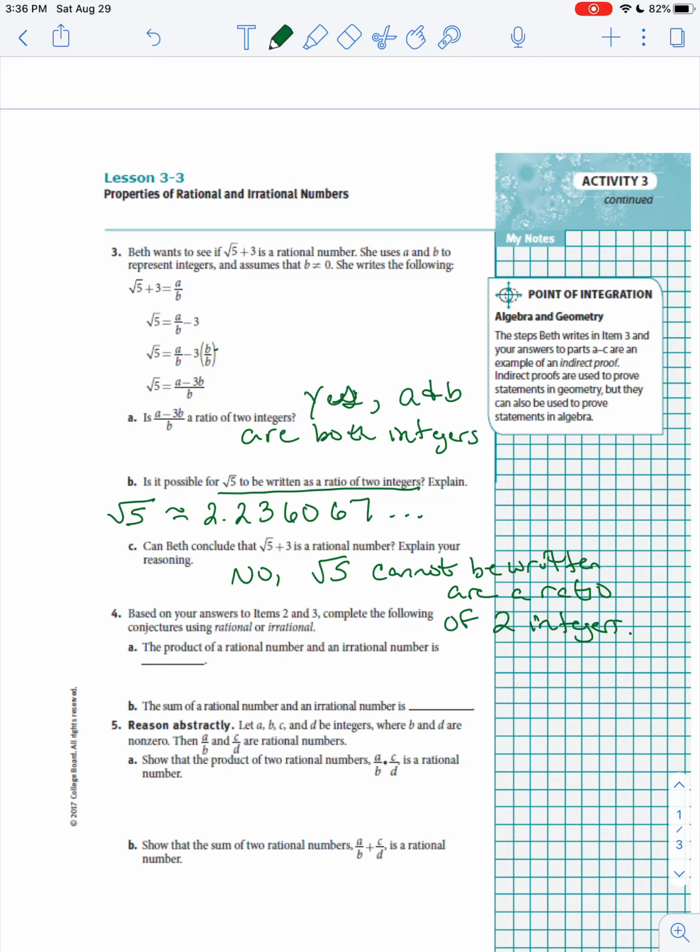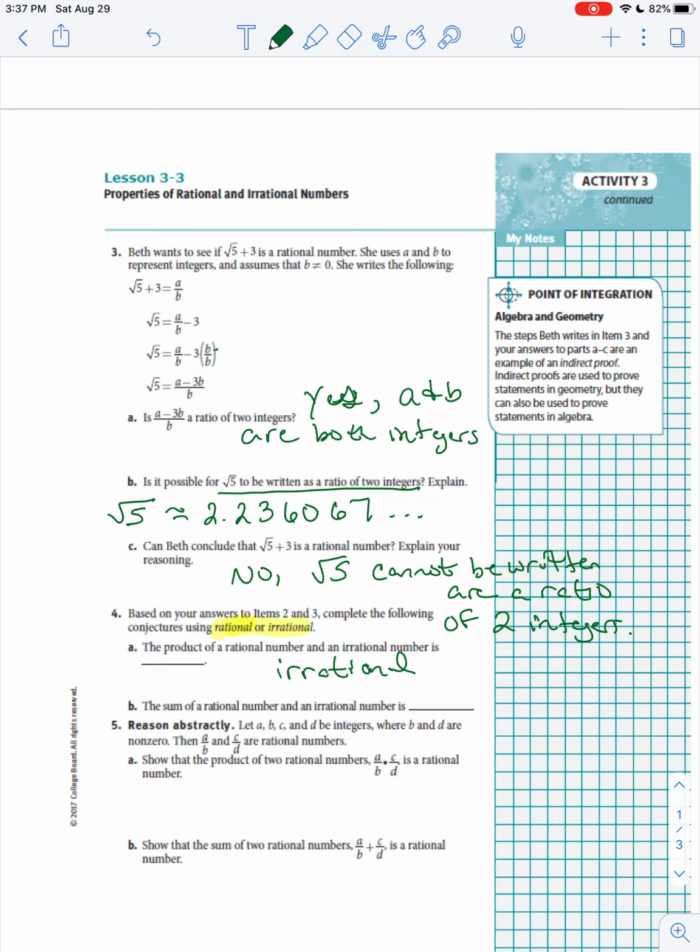Okay. So based on the answers to items 2 and 3, complete the following conjectures using rational or irrational. So the product of a rational number and an irrational number would have to be irrational.